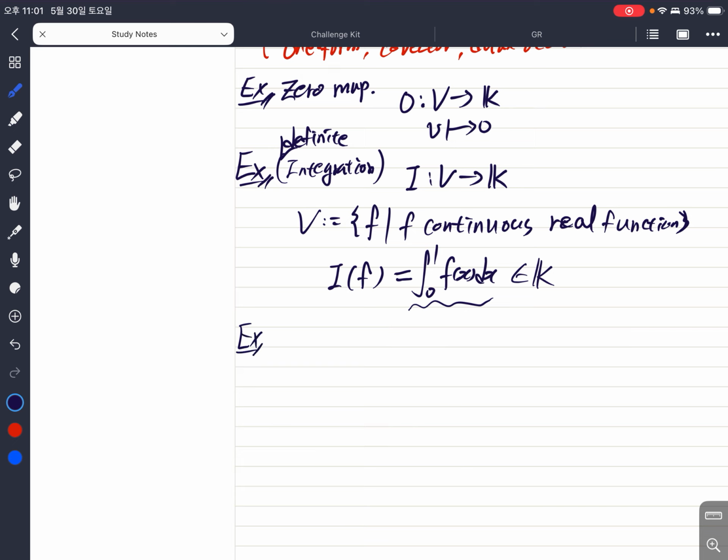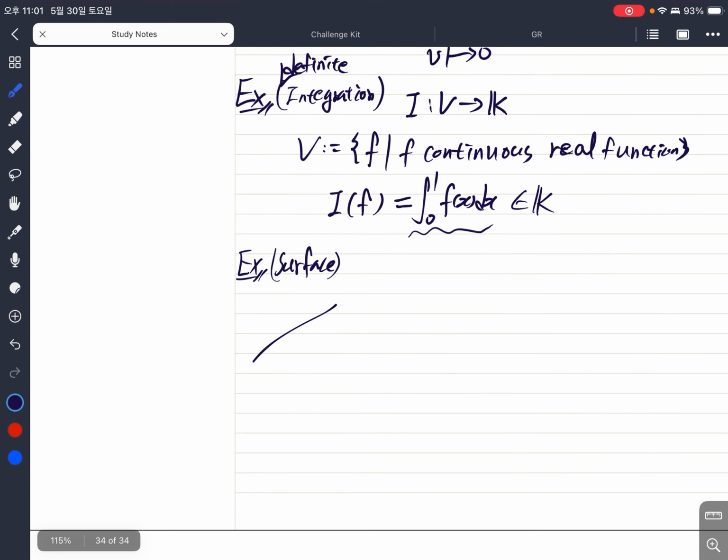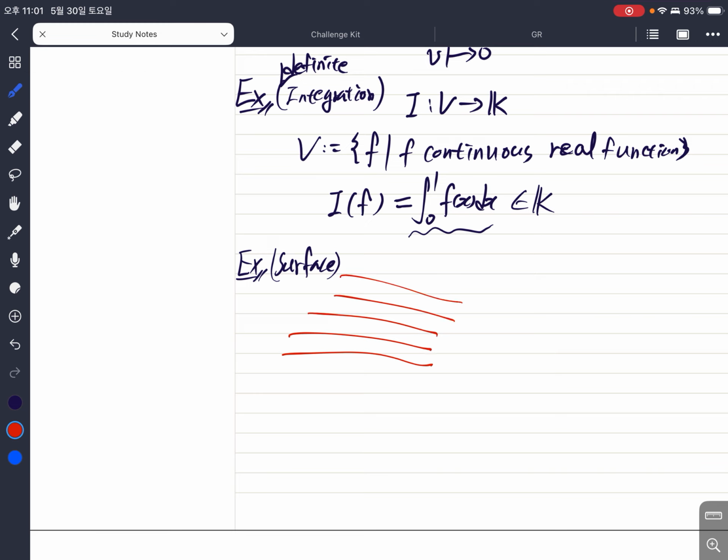I'll come back to it later, but another example is level surfaces, or let us say just surfaces. When there is an arrow vector, you can make some surfaces on the space, something like this. And for a given vector, you can always count how many surfaces are pierced by this arrow.